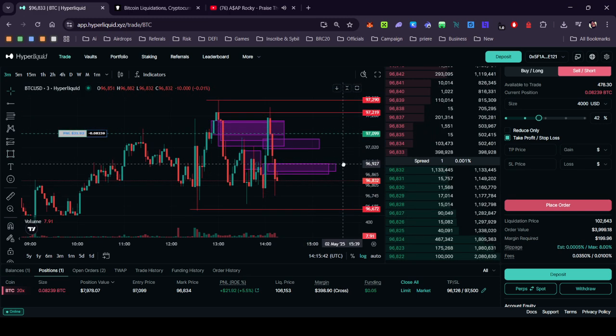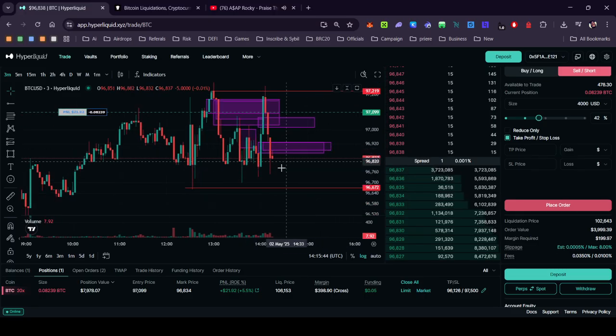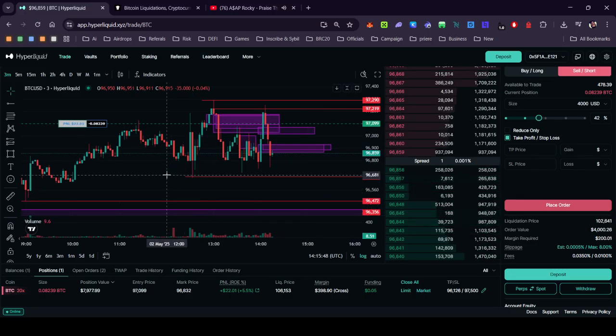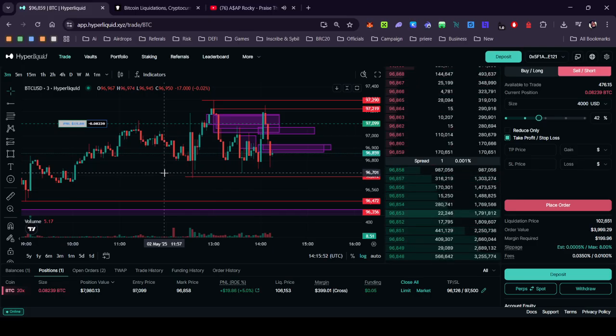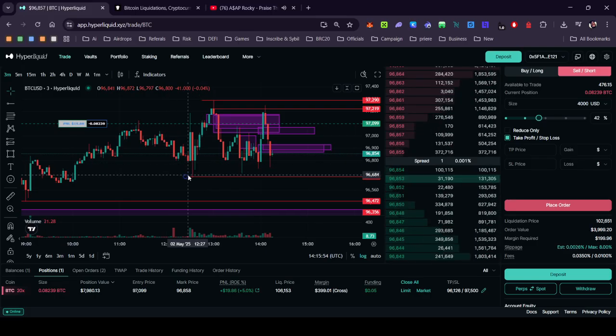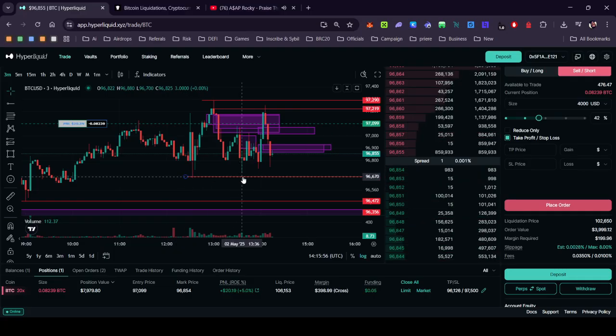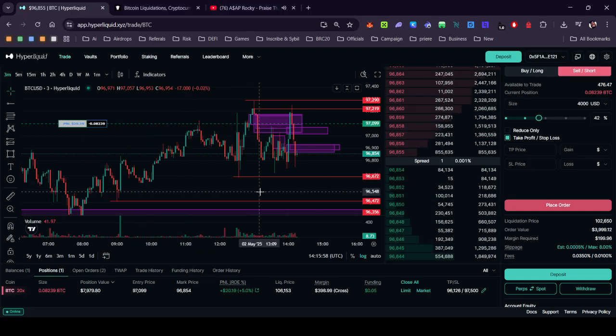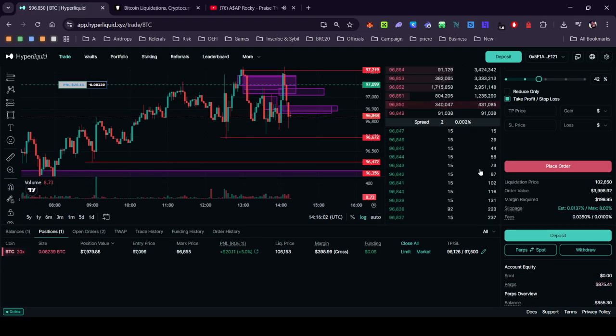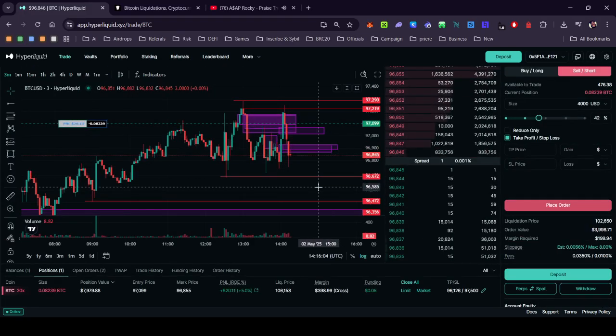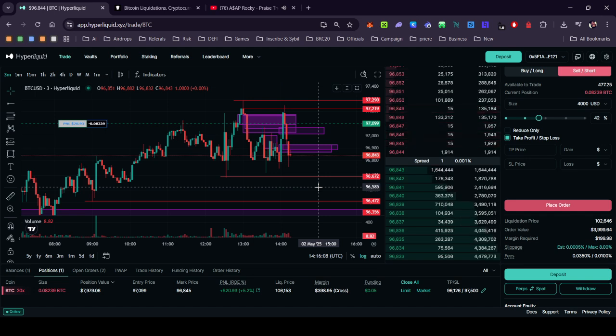After these levels, anything below that could send price higher to the fair value gap that has been used as a support since 8:30 opening New York time. The game plan.